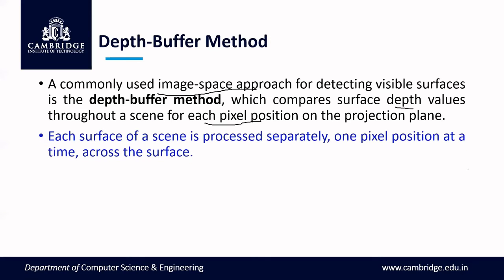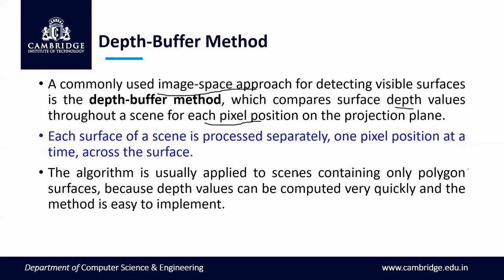Each surface of a scene is processed separately, one pixel position at a time across the surface. The algorithm is usually applied to scenes containing only polygon surfaces, because depth values can be computed very quickly and the method is easy to implement.